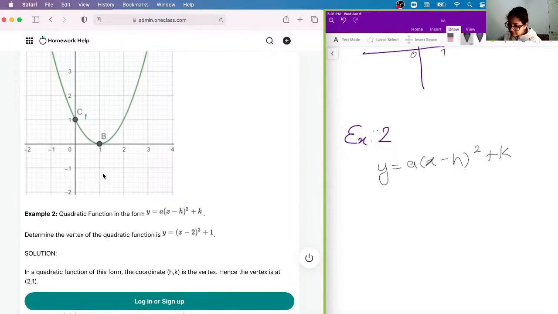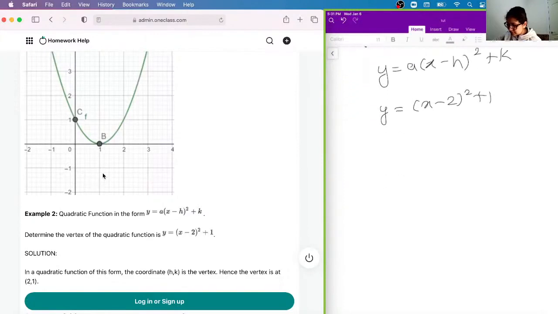Now let's determine the vertex of the quadratic function y equals x minus 2 squared plus 1. From this equation, your vertex is already given. Your vertex point is basically your h and your k value.